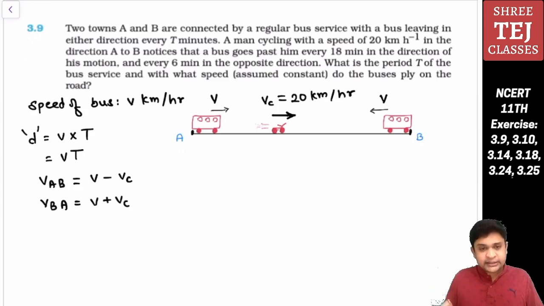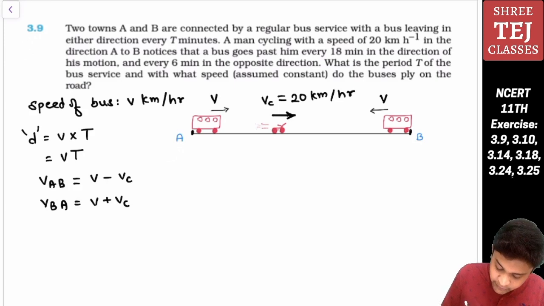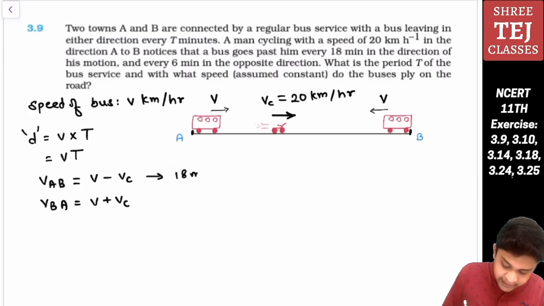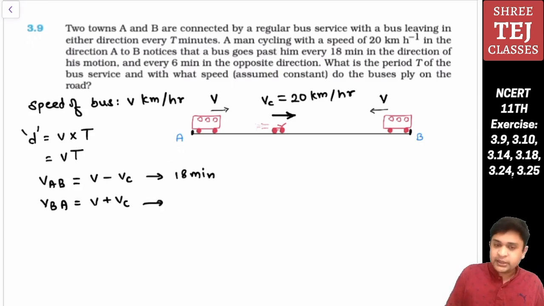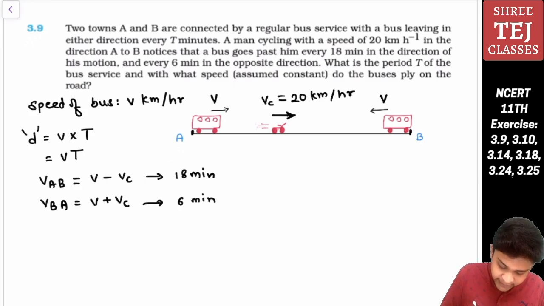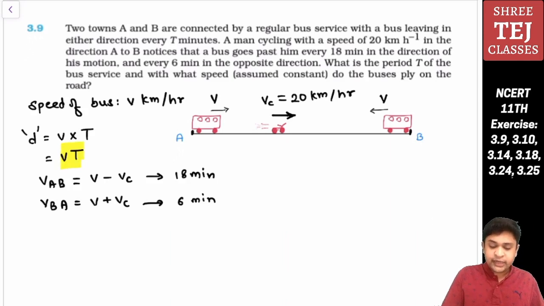Now this will be the speed at which the cyclist will find the buses moving, and with this speed every bus crosses him in 18 minutes, and with this speed bus crosses him in 6 minutes, and they would have distance Vt among them.